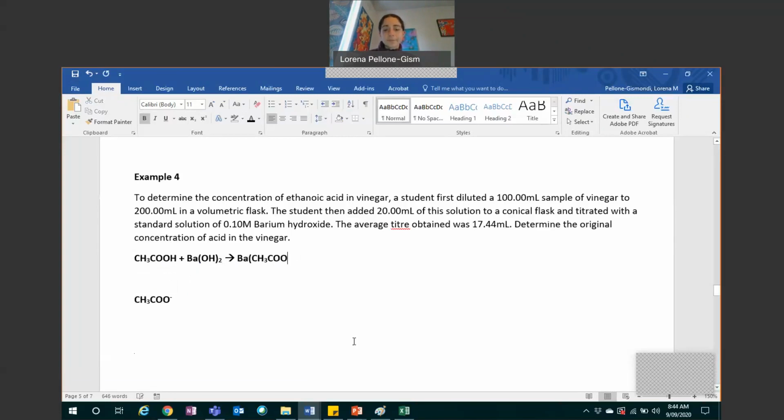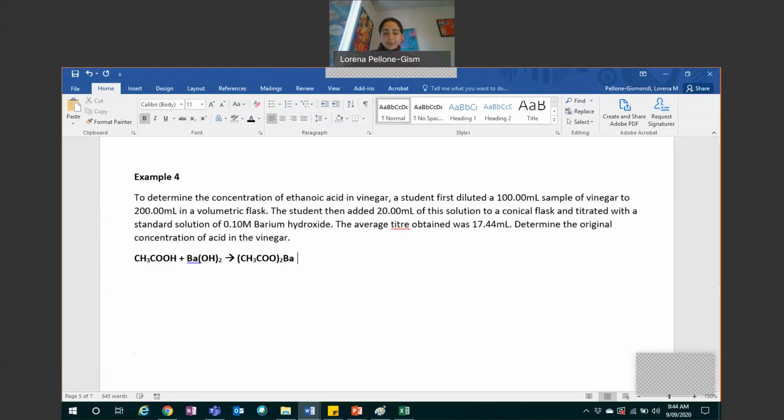Actually, it's not a big issue. Forget that idea. Really, I'd prefer putting the barium here because that's showing that the barium's attracted to the negative side of the ethanoate, but it's really not a huge deal.